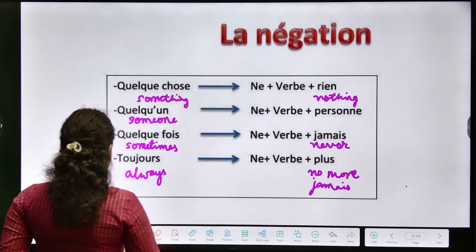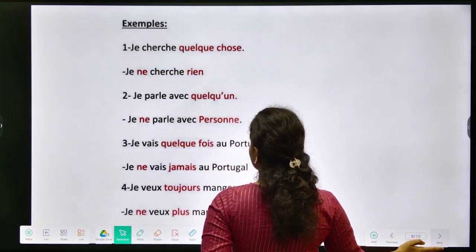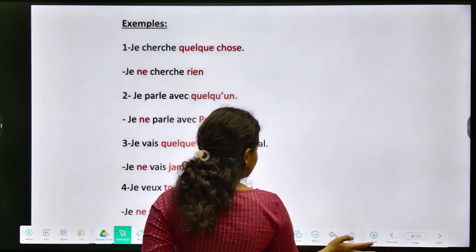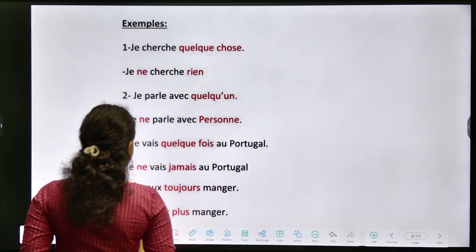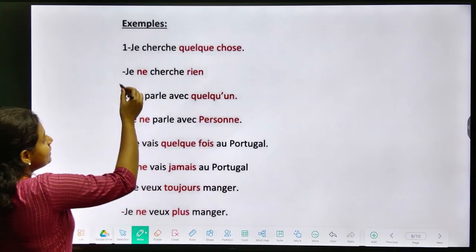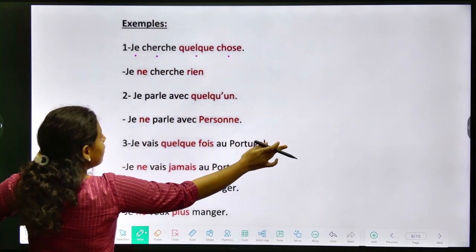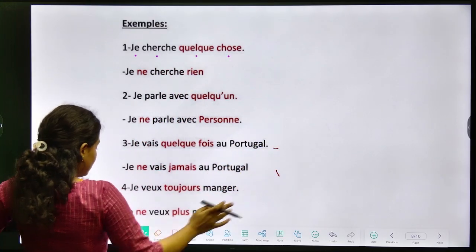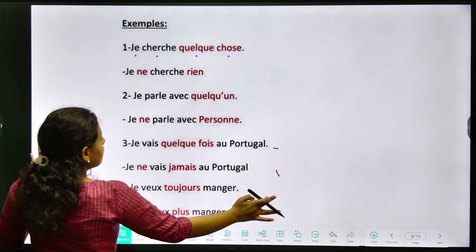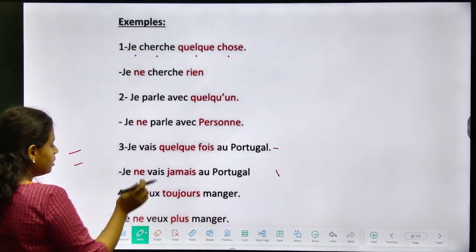Then let's move to the exercises. You can clear your concepts from here. Like it says, je cherche quelque chose. I am looking for something. So how will you negate it? Je ne cherche rien.